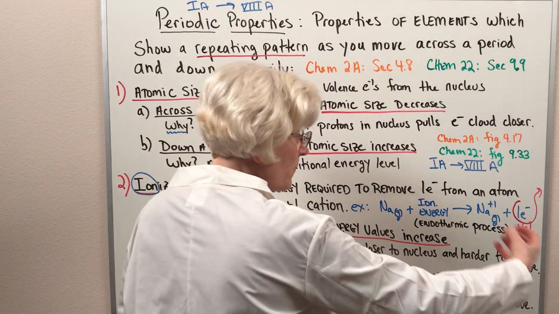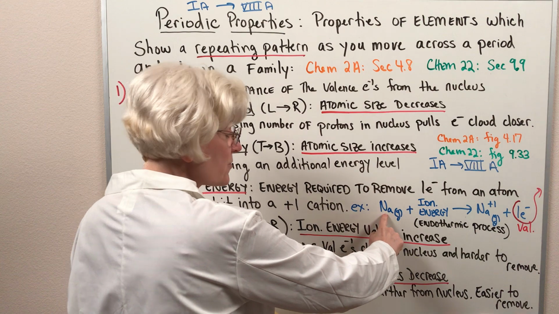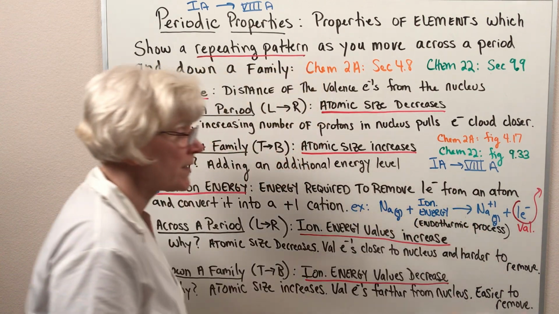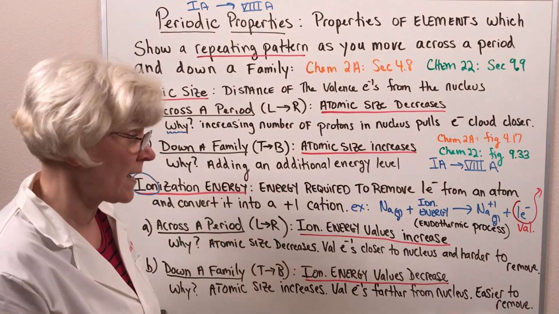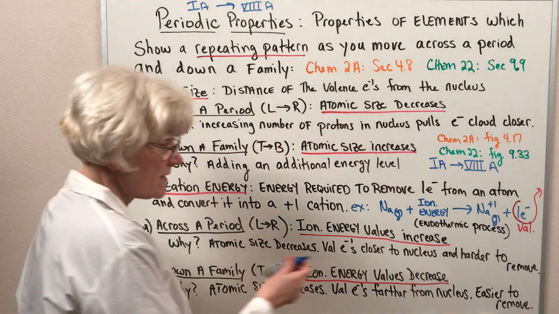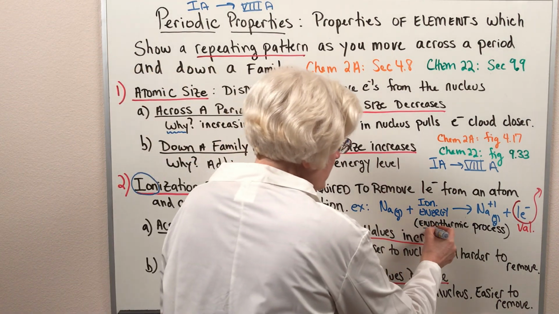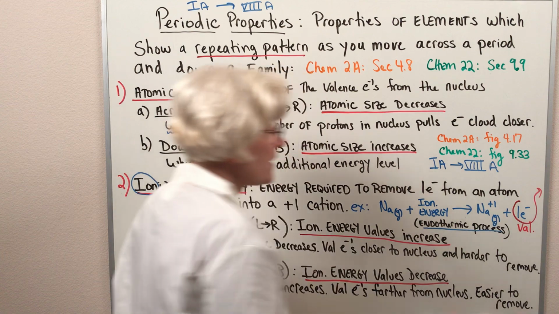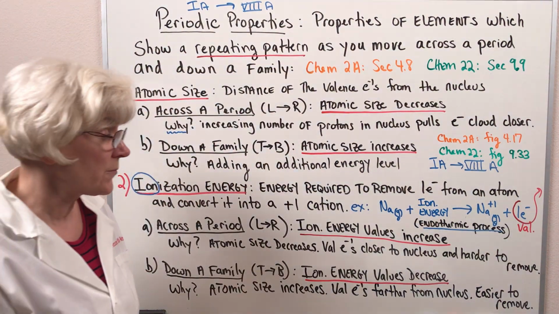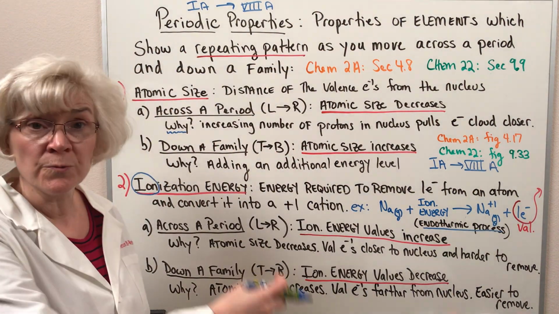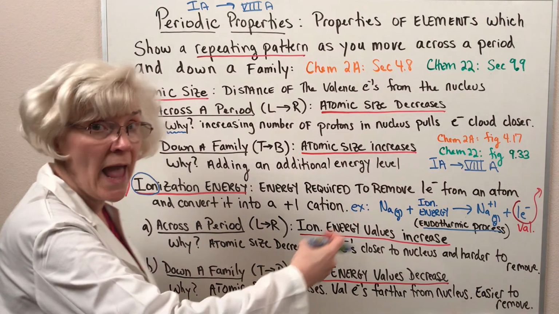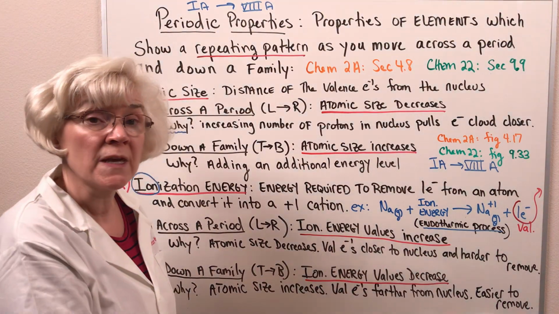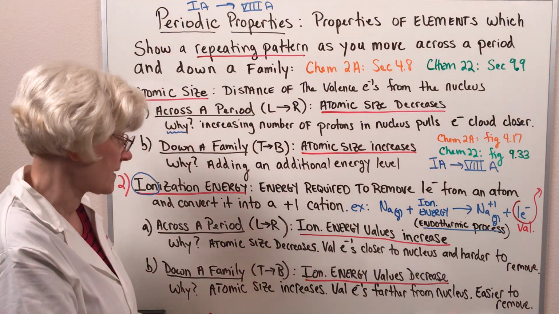We are removing one electron, taking a neutral sodium atom, and converting it into a +1 ion. Notice that this process would be an endothermic process. Energy would be required to remove the electron and pull it away from the attraction of the nucleus.